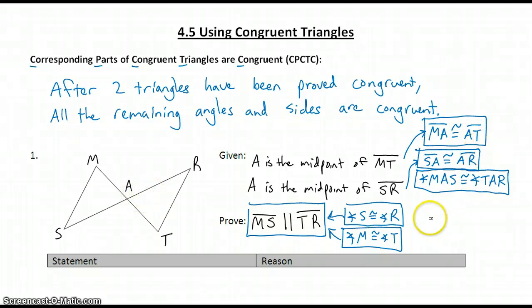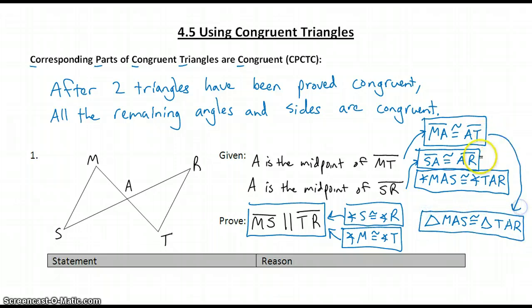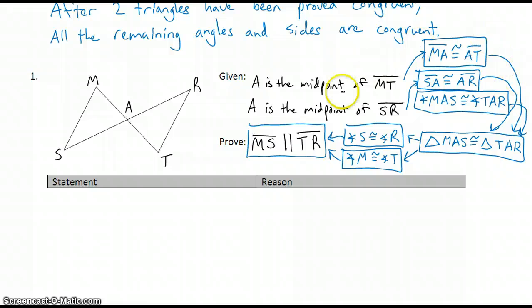So these three things will combine to prove that my triangles are congruent. Triangle MAS is congruent to triangle TAR. All three of those parts prove that my triangles are congruent, and then by CPCTC, these angles will be congruent. That's the flow of my proof.